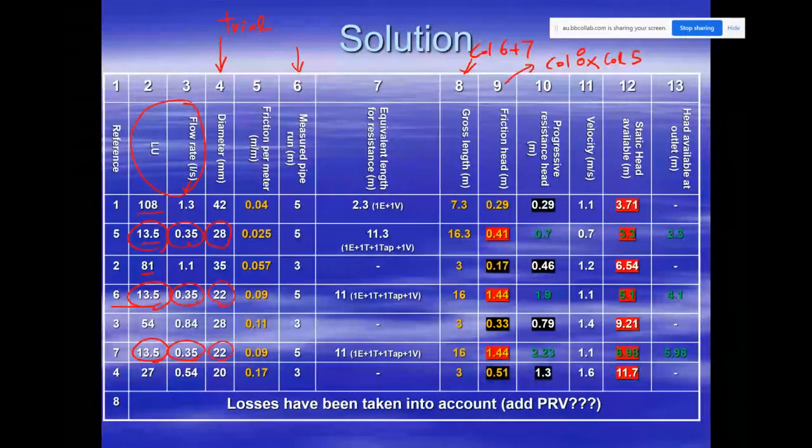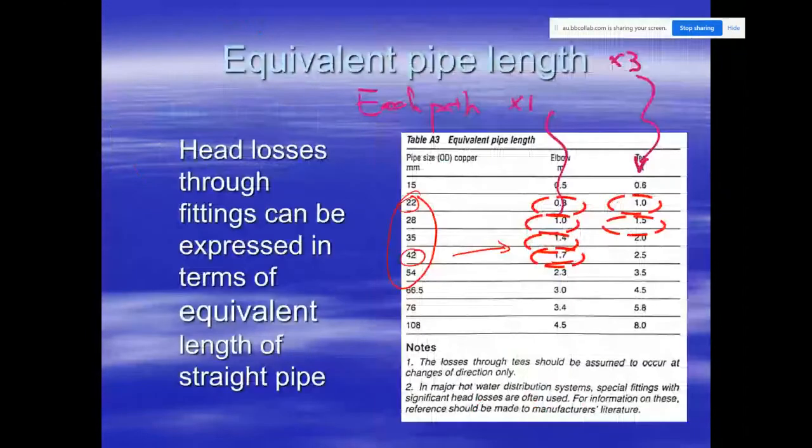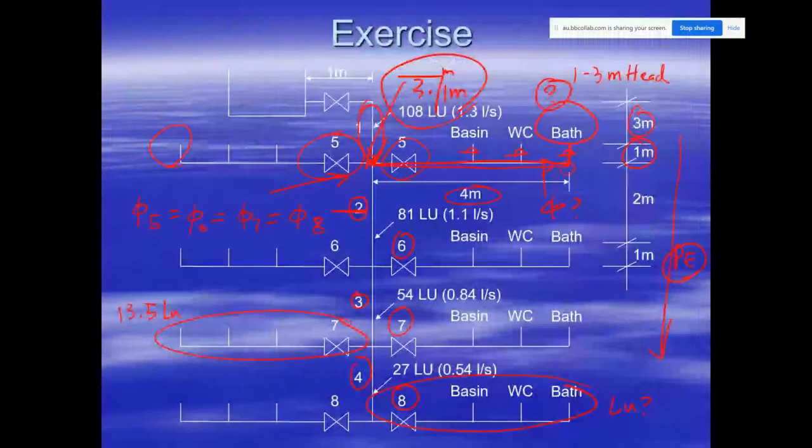According to graph A1, I found the frictional head per meter. The pipe length is 5 meter. Let me check whether it is 5 meter. Yeah, because for this section, this is 4, and then this is 1. Understand? So also 5 meter.